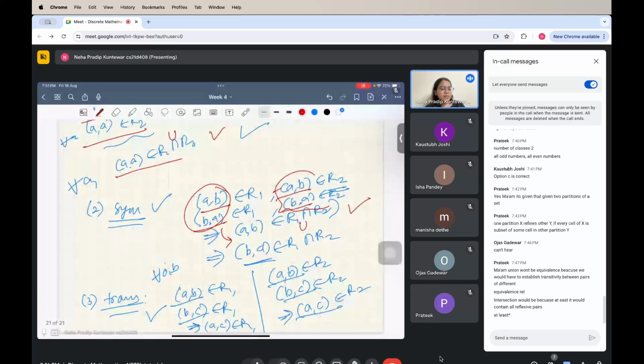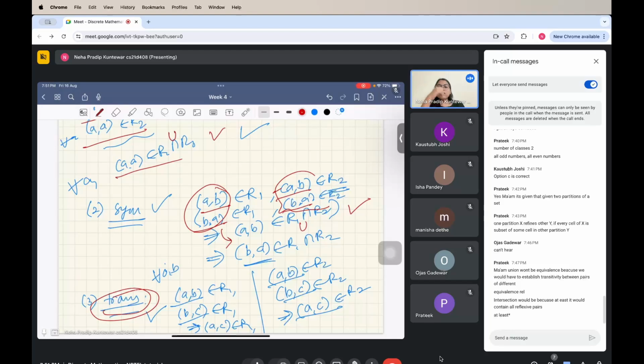The problem that happens is with the transitivity, because it is possible that AB is there in the set R1 but BC is not there, and BC is there in R2 but AB is not there. Therefore, when you take the union, you may not get this AC at all, because it was not there in R1, it was not there in R2.